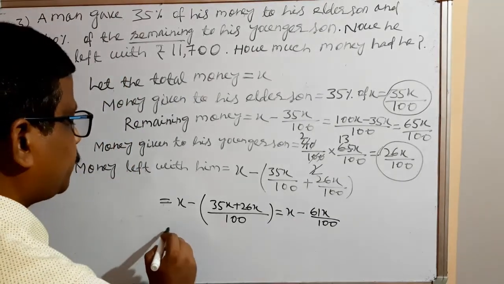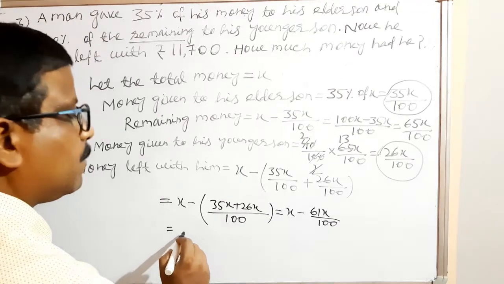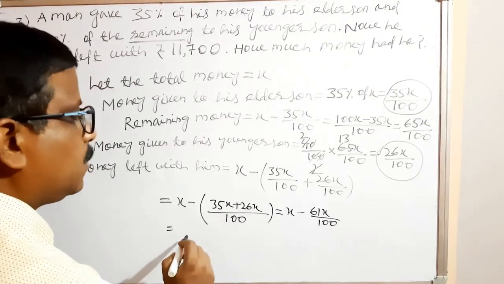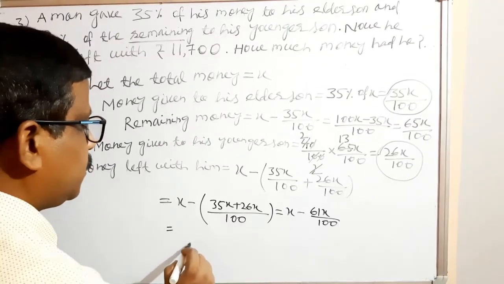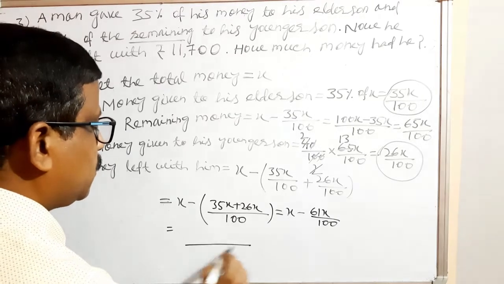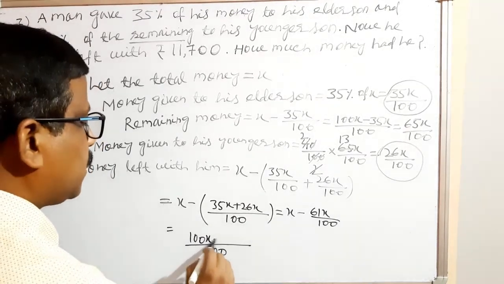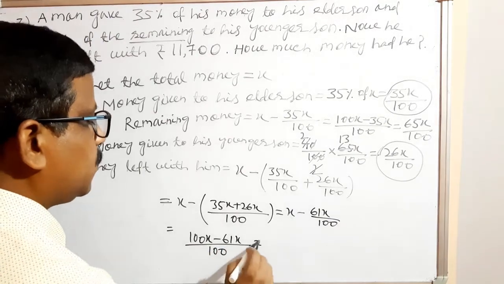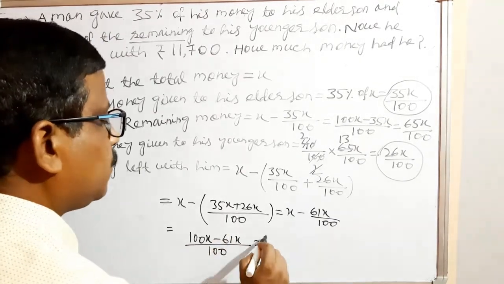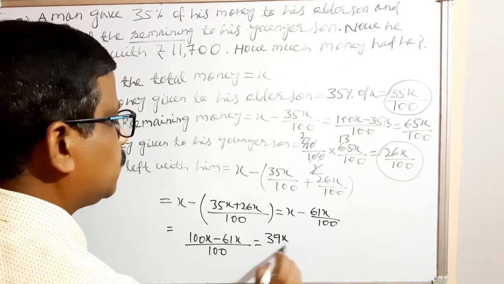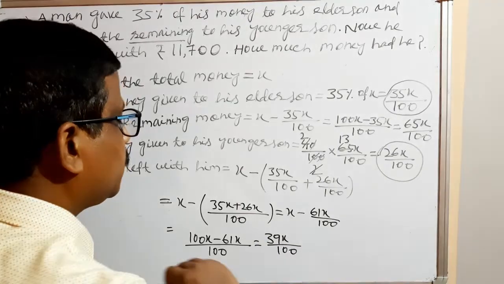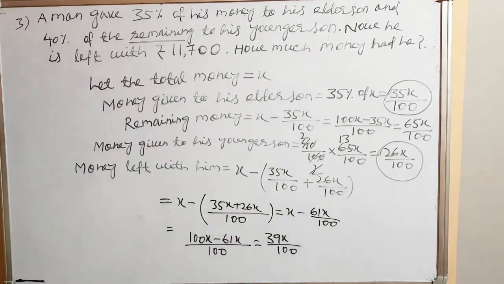Now x minus 61x by 100, the LCM becomes 100. So 100x minus 61x, it will be 39x by 100. Clear? This is the money left with him.